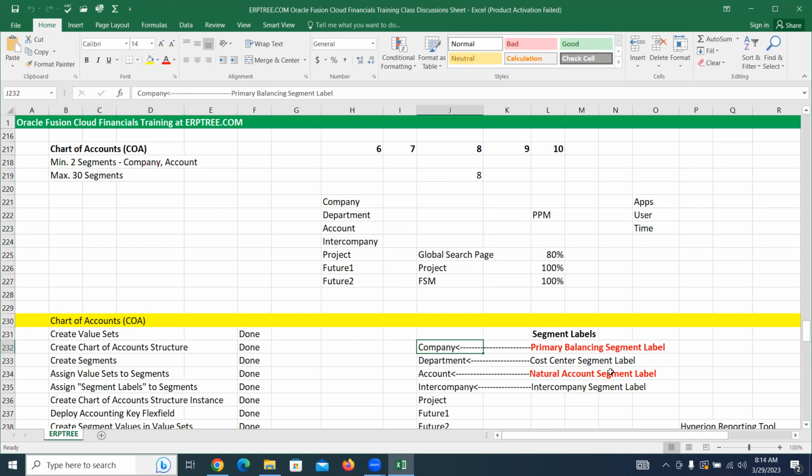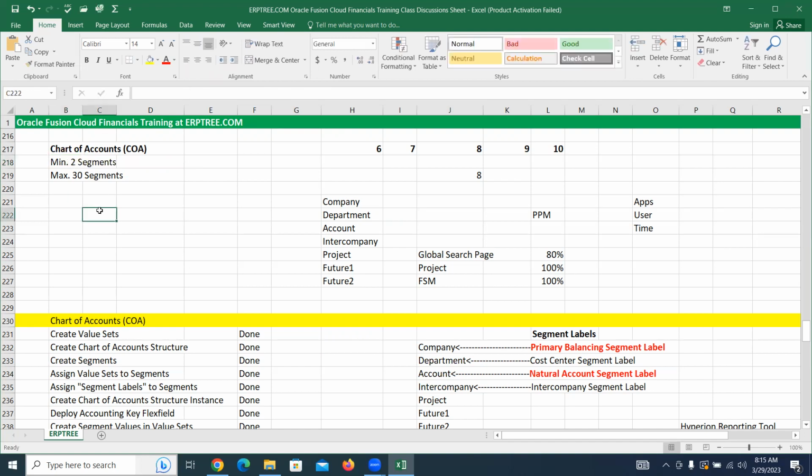And we are assigning the natural account segment label to the account segment, so instead of calling it the account segment, you can start calling it the natural account segment. Try to understand these naming conventions, how we derive them based on the labels we assign. Based on the labels we assign, you can call these segments the balancing segment and the natural account segment. Just remember the terminology. From now, don't call them company and account.